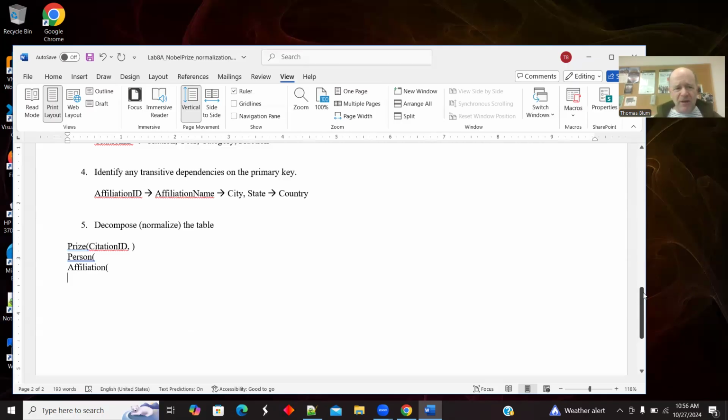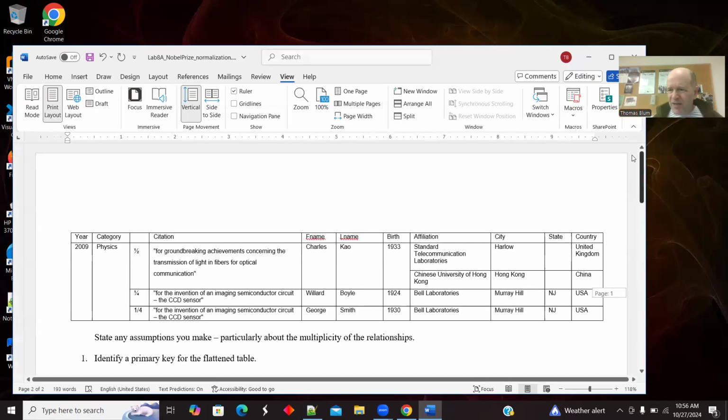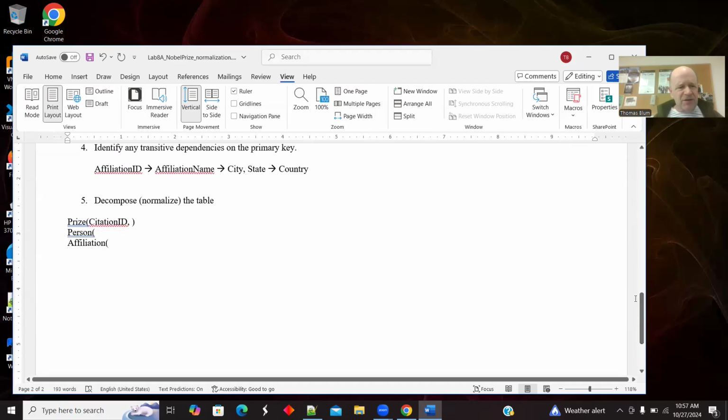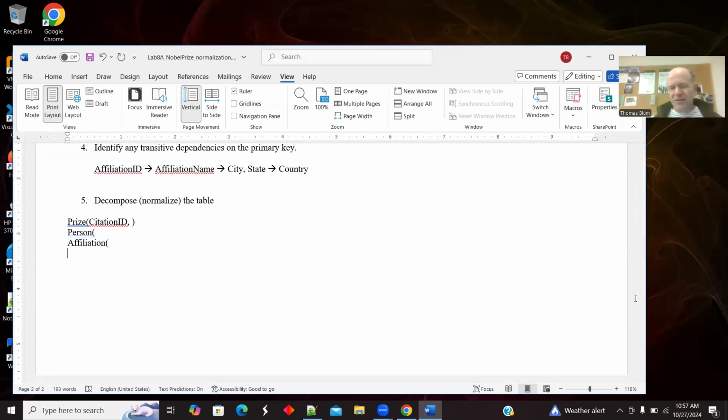A person, we see for sure in our data that a prize can be won by many people, but we also know, we've discussed, that a person can win many prizes, probably not many, but at least more than one. So we know we're going to need a winner or a person, prize, bridge table to say that the person won the particular prize. So this is going to be person ID. This is going to be affiliation ID.